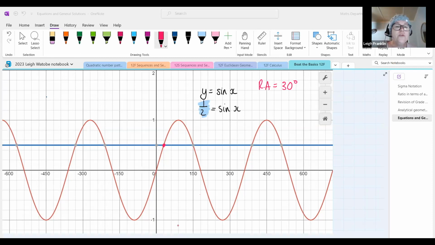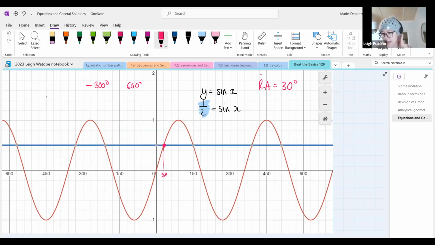So if you look down here, there is 30 degrees. Now, if I am working between, let's say, negative 300 degrees up to, say, 600 degrees, there's going to be more than just one solution, right? So here's the first one.